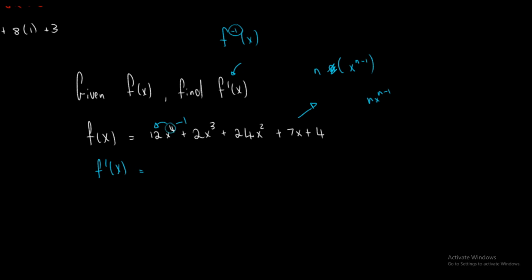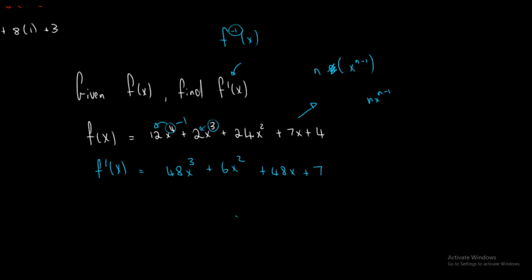So in this case, I'm going to multiply forward. That becomes 48x cubed plus, subtract 1, multiply forward, 6x squared. First you multiply and then subtract. Okay, first multiply, then subtract. Sorry about that. This one's going to give me 48x plus 7.